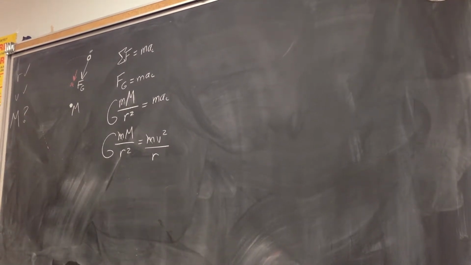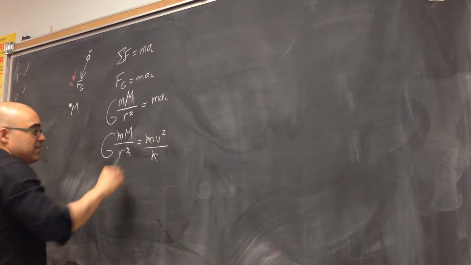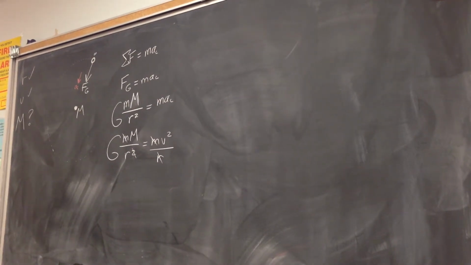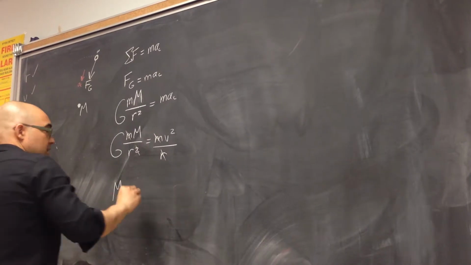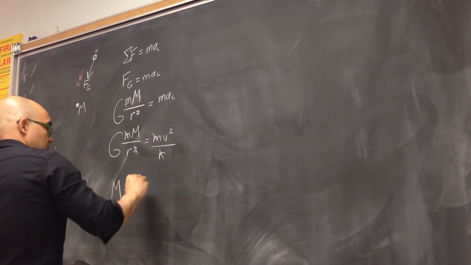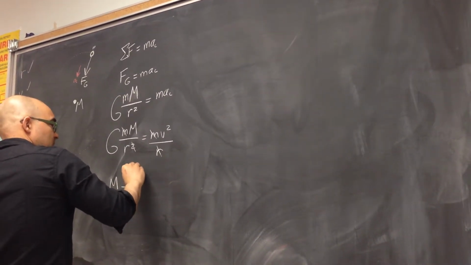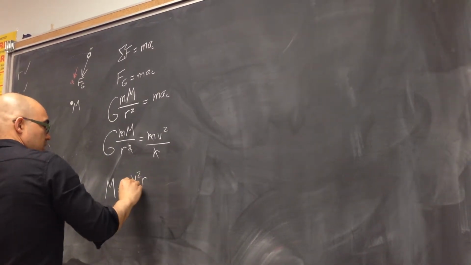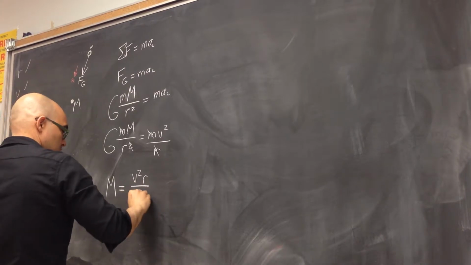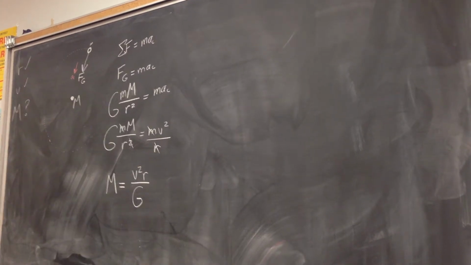It's not relevant. And we also lose a radius from each side. So the mass of that black hole will be v squared r over G. Is that right? Yeah.